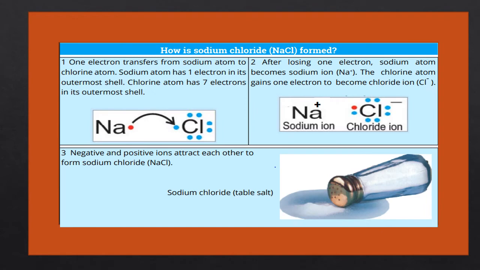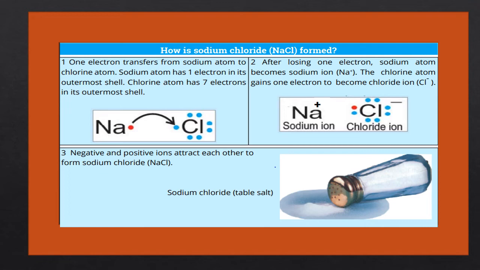How is sodium chloride formed? When an electron is transferred from sodium to a chlorine atom.